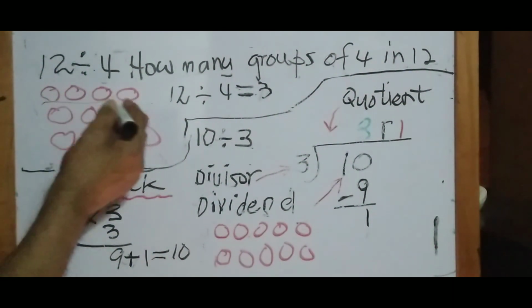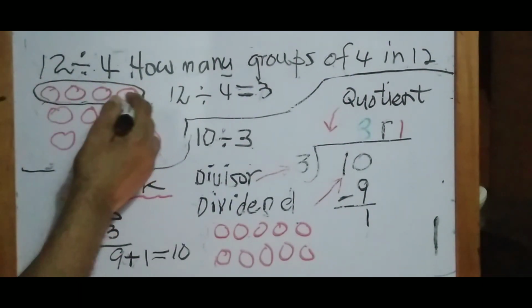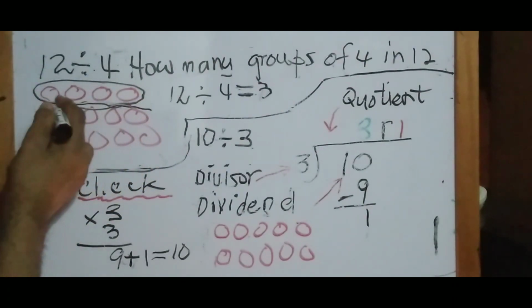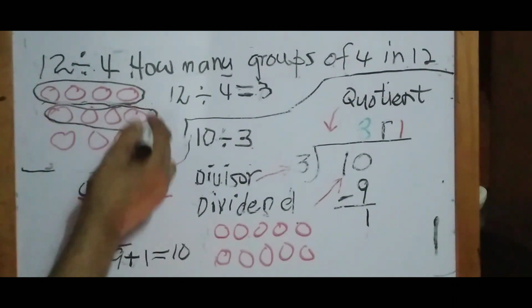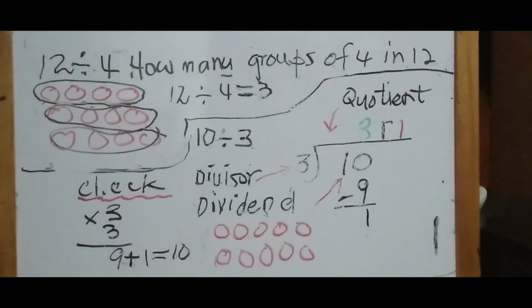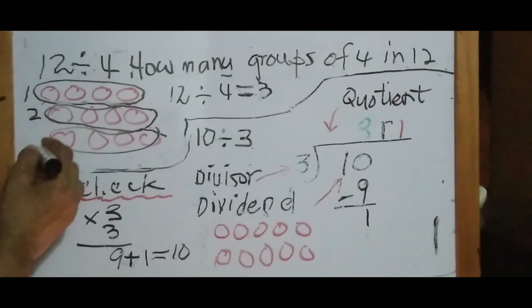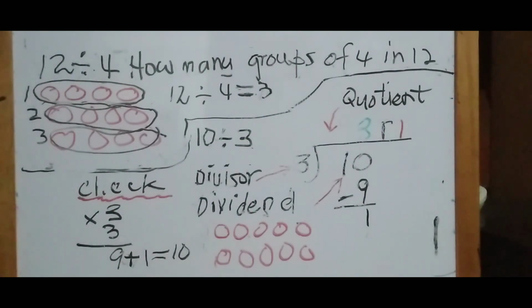So this is one group. This is another group. And this is another group. So let's count them. This is one group, this is two groups, and this is three groups.